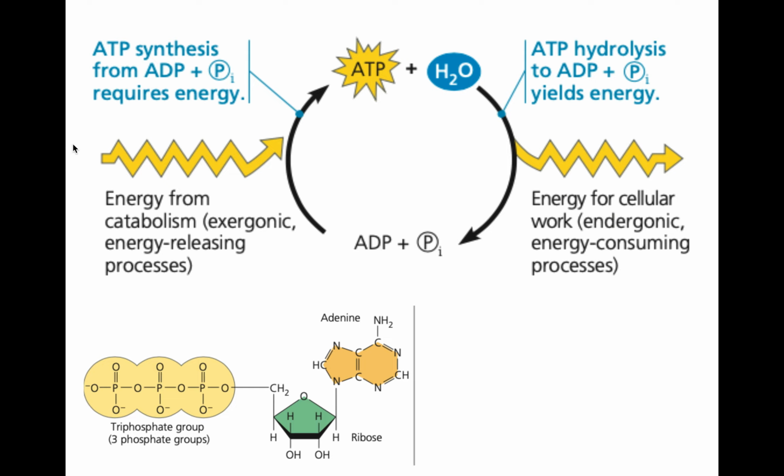And other reactions that are exergonic, that are energy releasing reactions, will release energy, and that energy that's released can be used to put ADP and the inorganic phosphate back together to make ATP. So it takes energy to build ATP, all right? So it's not easy. It takes energy. But to pull it apart releases energy. So it's not very stable, and these are high energy phosphate bonds.